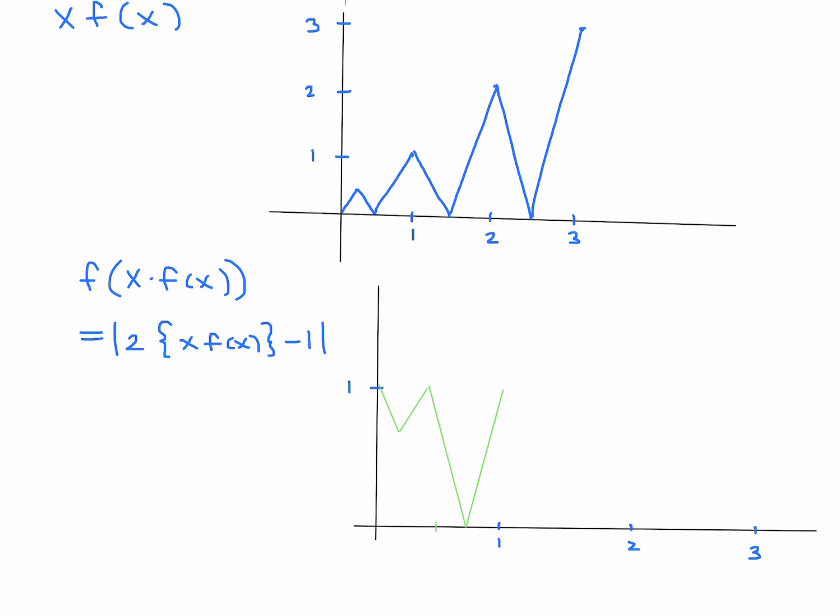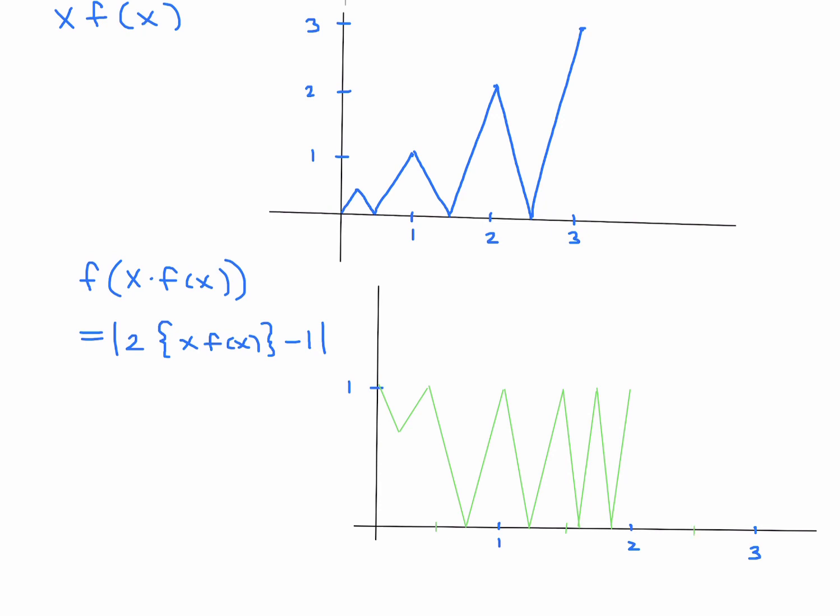And then from 1 to 2, it starts developing a pattern that is very helpful to us. It drops down like this and goes back up to 1. But then in the second half, from here to here, it actually drops down twice. So it'll come down once, come back up, and then come back down again, and then come back up.